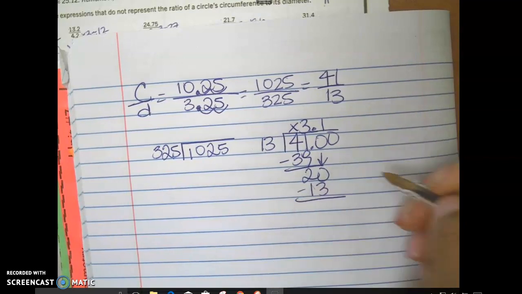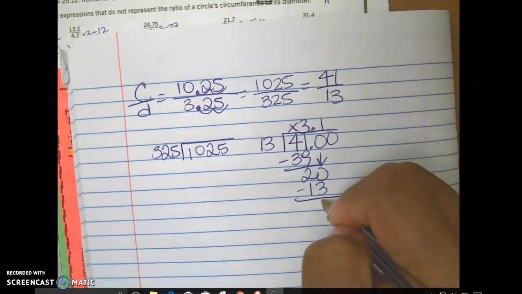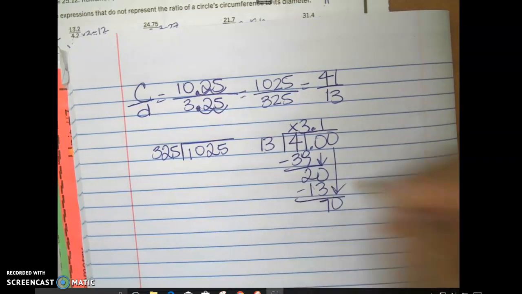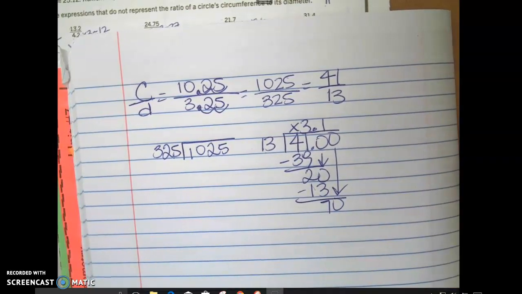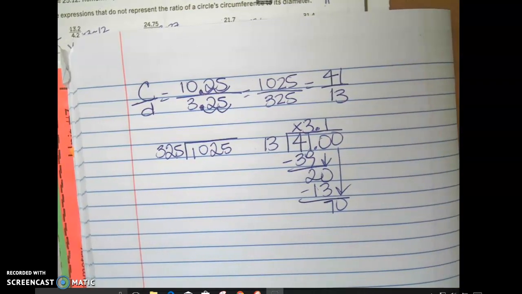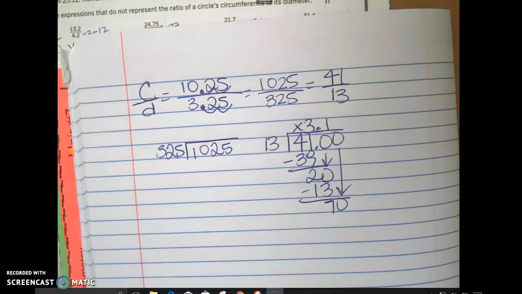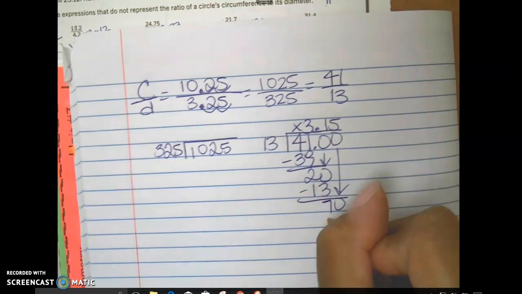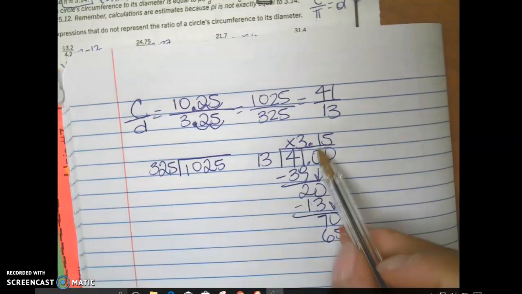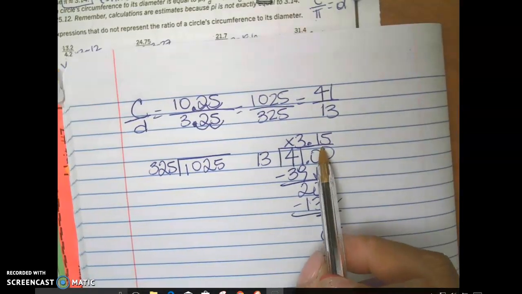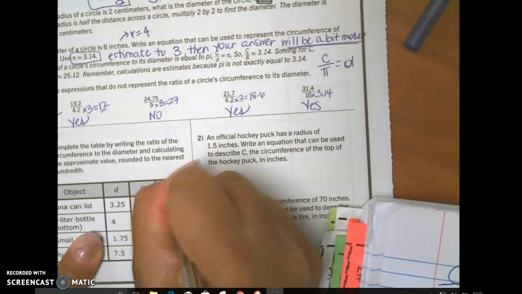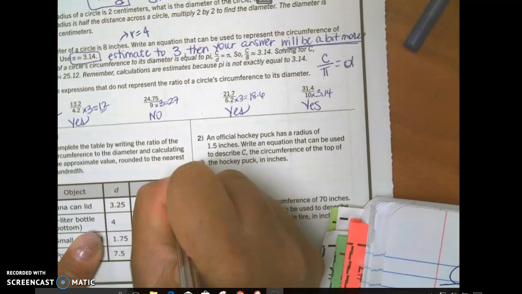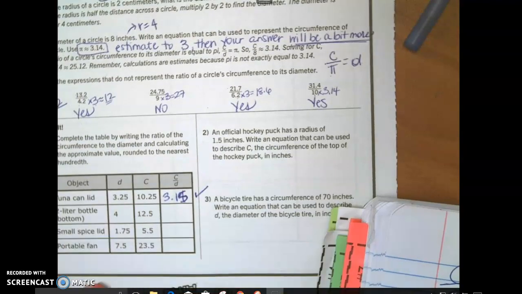Good. 20 minus 13. 7. Bring down the 0. 13 into 70. Roughly 5, yes, because it'll be 65. So, is this close to pi? Is this close to 3.14? Yes, it is. Whoops, I wrote 3.14. So this is accurate.